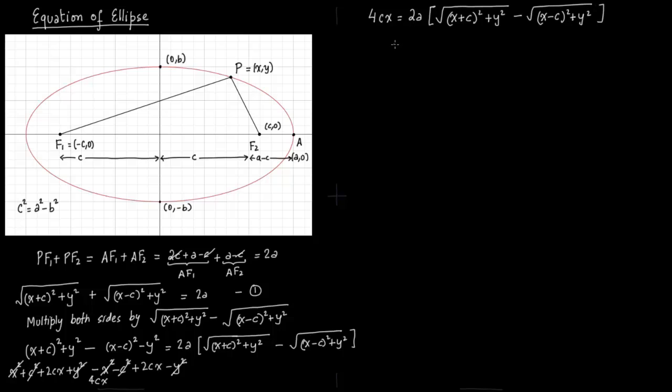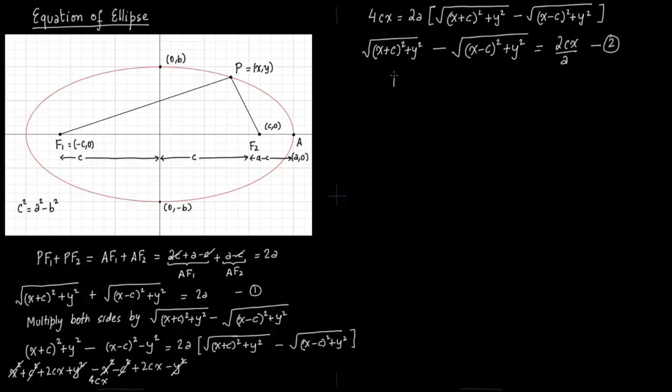Now 2 cancels out. So we will now simplify this equation and write it as square root of x plus c whole square plus y square minus square root of x minus c whole square plus y square is equal to 2cx by a.